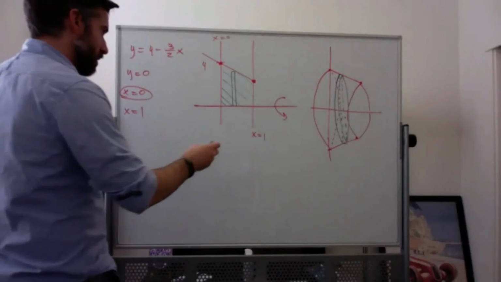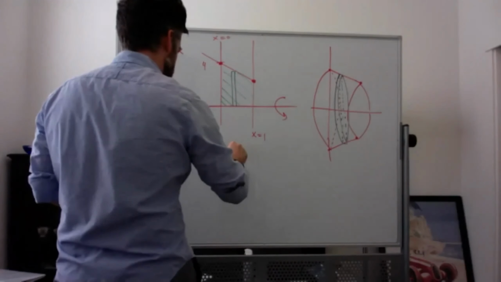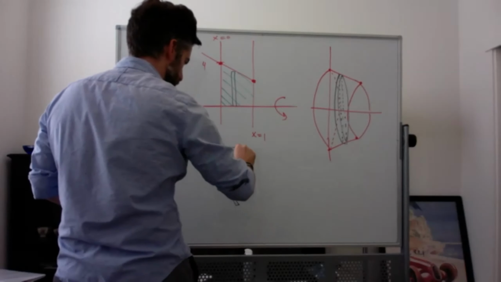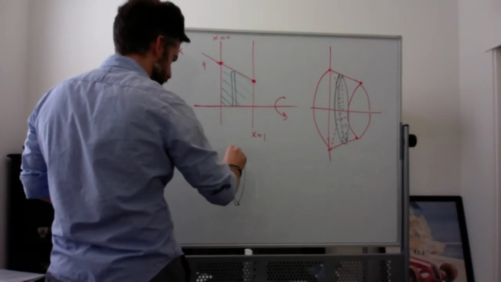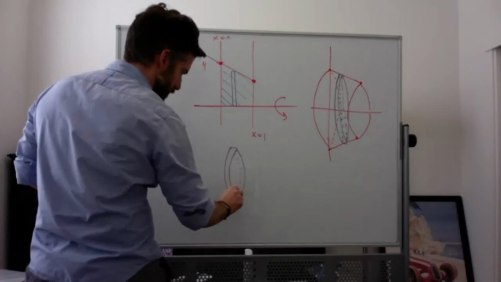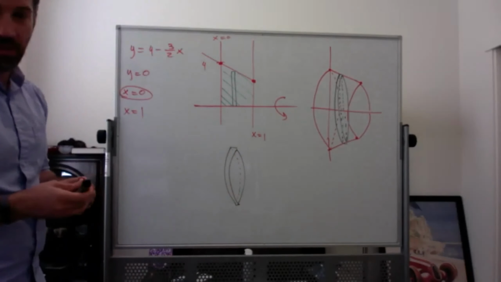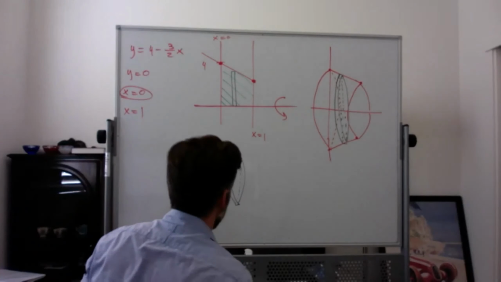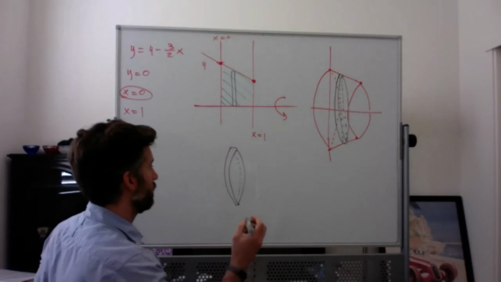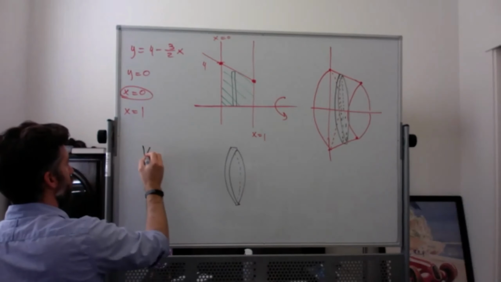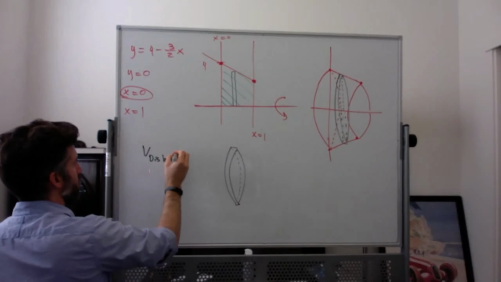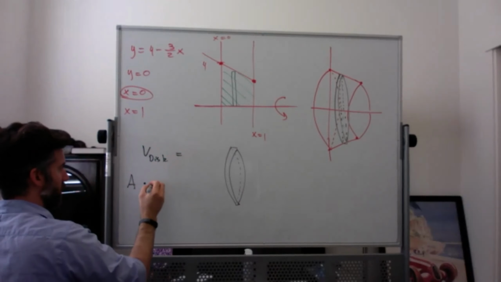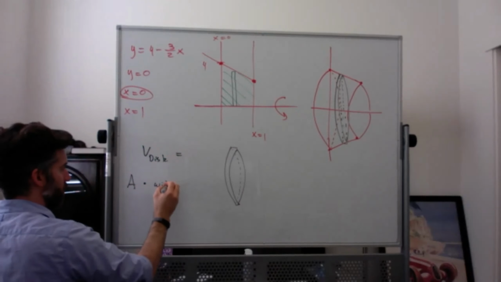So when I rotate this, I really get this kind of shape here. And I want to find the volume of that disk. Well, that's not too terrible because it's really just a circle with some thickness.